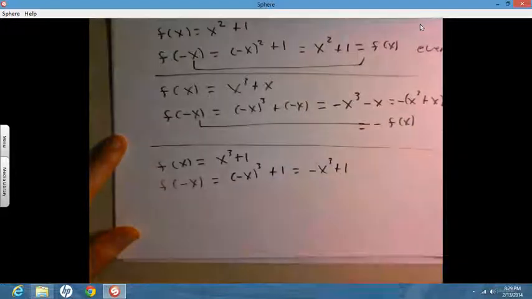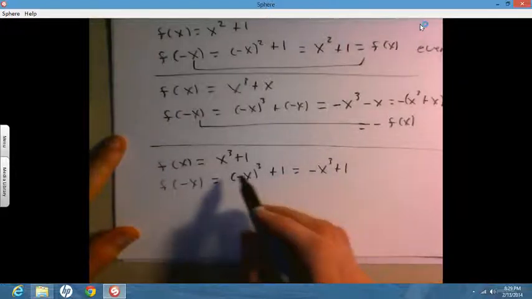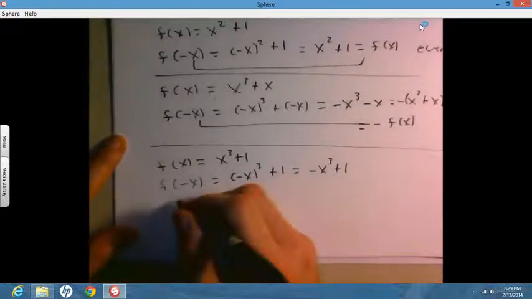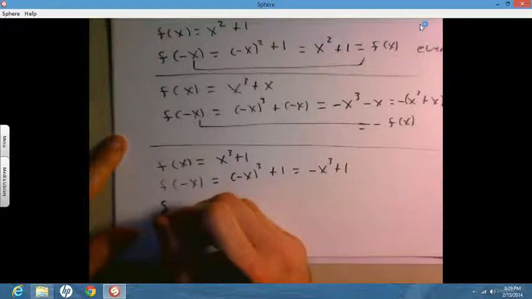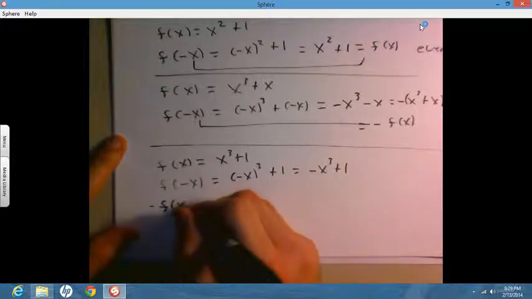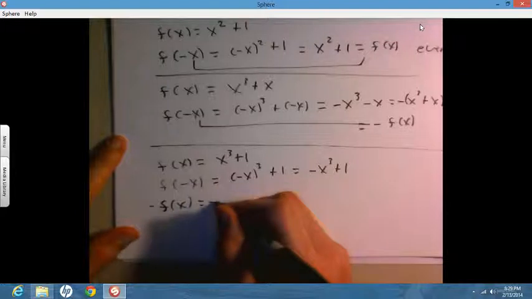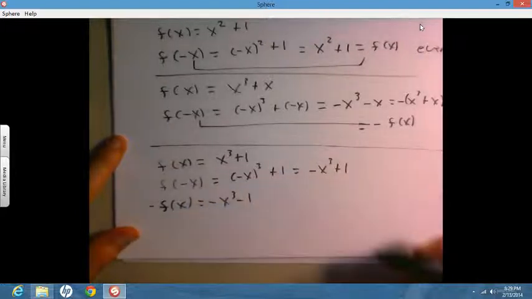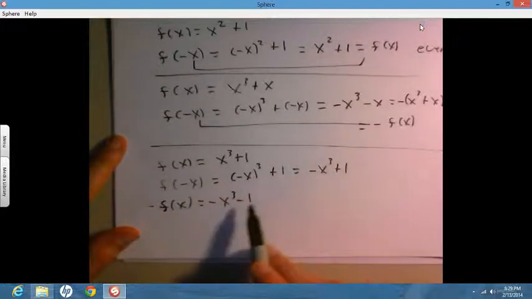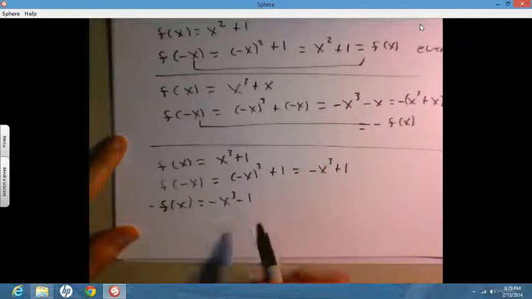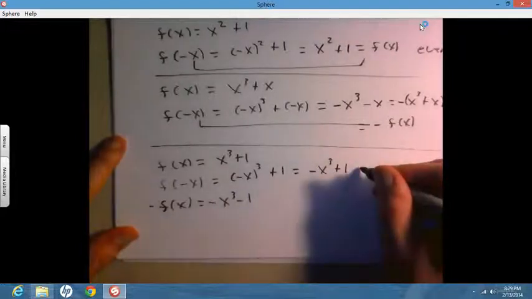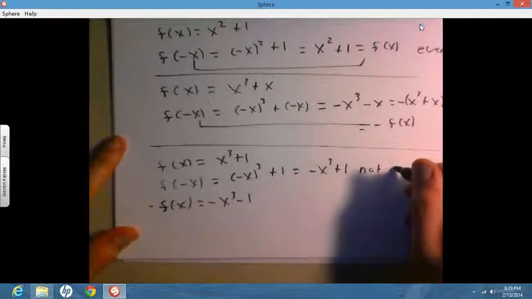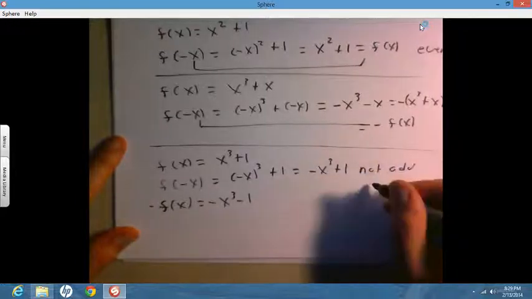Well, negative x cubed plus 1 is not equal to f of x, and we know that negative f of x would be equal to negative x cubed minus 1. Well, this is not equal to f of negative x either, so we know that it's not odd, and we know it's not even either.